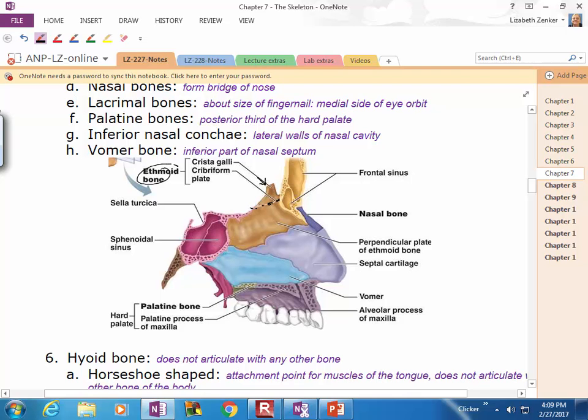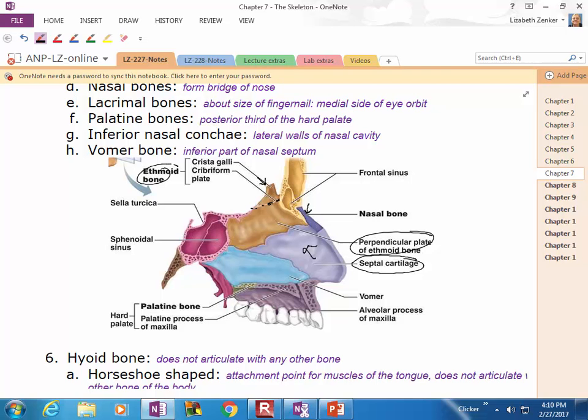And then here is the perpendicular plate of the ethmoid bone where it forms part of the nasal septum. And then they're saying septal cartilage. So you have your nasal bone, which is a tiny little bone there, the darker blue. And then this kind of periwinkle blue is just cartilage. So that's why you can move it around a lot and get bonked and it hurts, right?